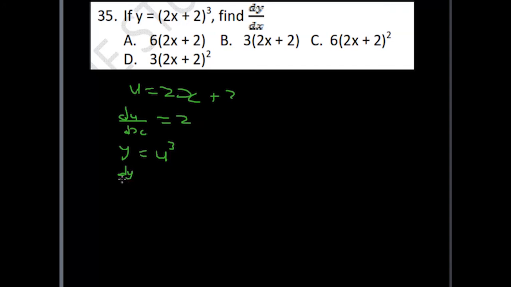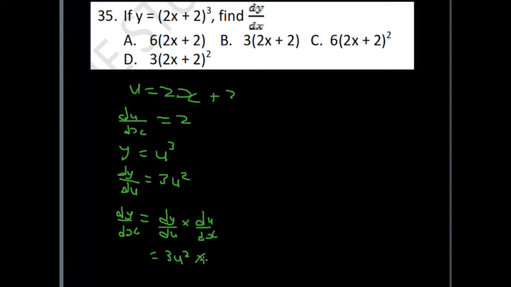So dy dx is dy du times du dx, which is the chain rule. So this is 3u square times 2. Multiplying 3 times 2, that's 6u square.